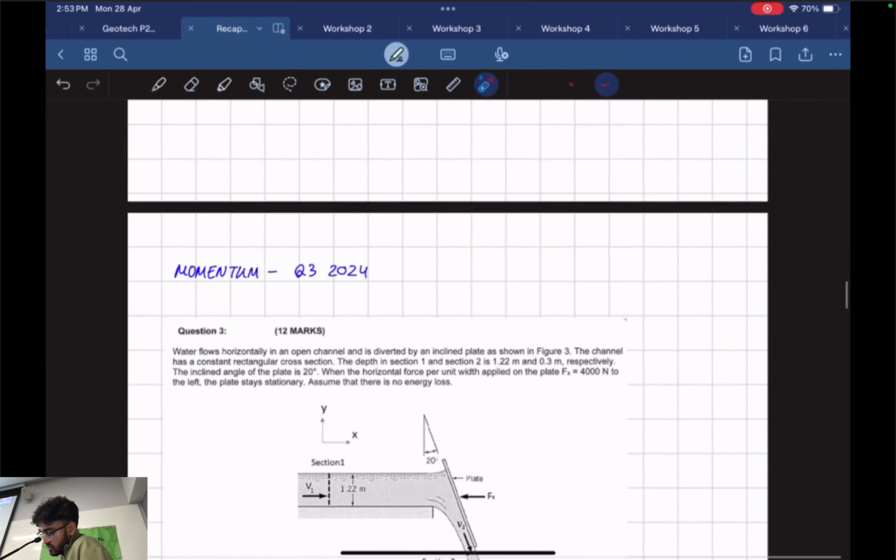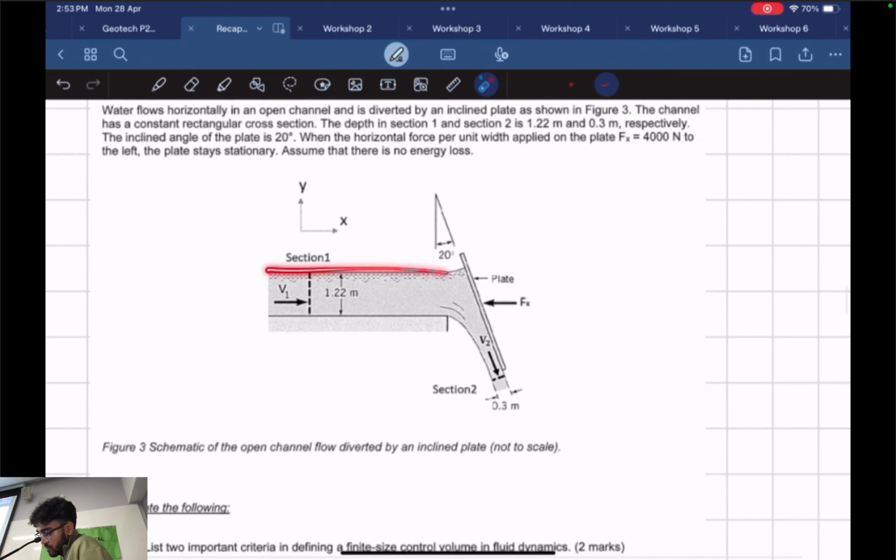This is a pipe flow because water's flowing through a closed conduit. At both ends it's kind of open, but we don't care about that because we care about the control volume. The control volume for this question is within the pipe, so we're going to have to use Bernoulli's at one point.